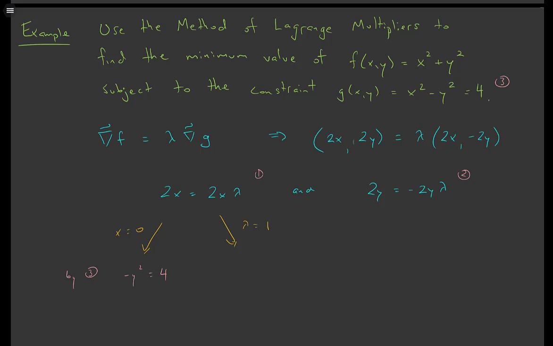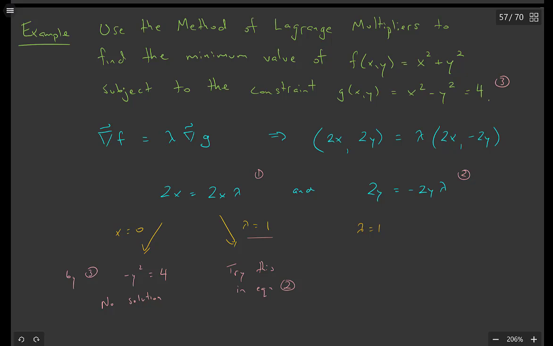There's no value of y such that minus y squared is equal to 4. So this has no solutions. In other words, this equation, along with our constraint equation, require that lambda be equal to 1. So we'll try this in equation 2.